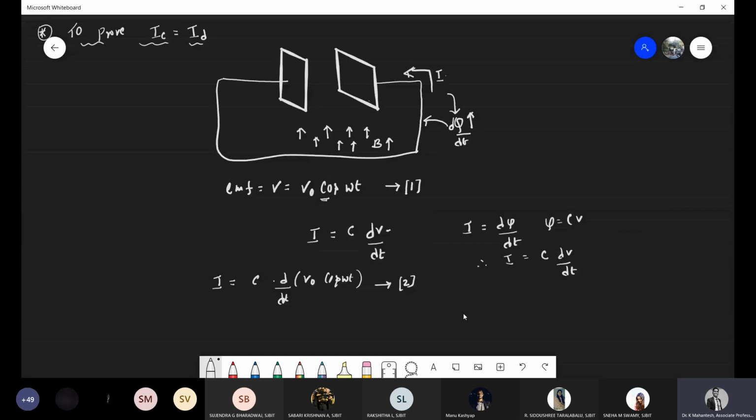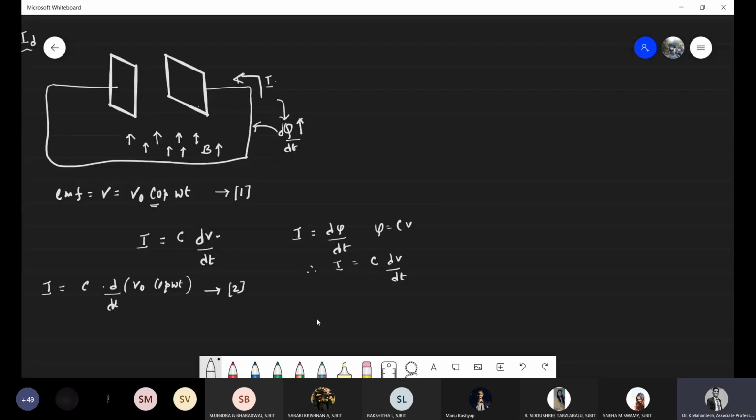Now we know the equation for capacitance. C is equal to epsilon S divided by D. What is epsilon?